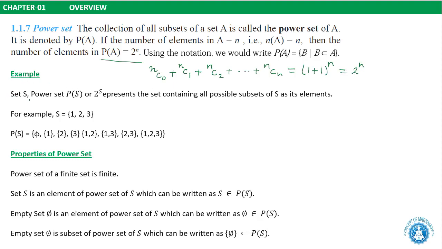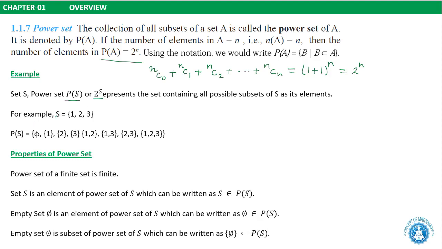So let us take an example. Power set of set S, or 2 to the S, represents the set containing all possible subsets of S as its elements. This is notation only: P of S or 2 to the S are the same thing.